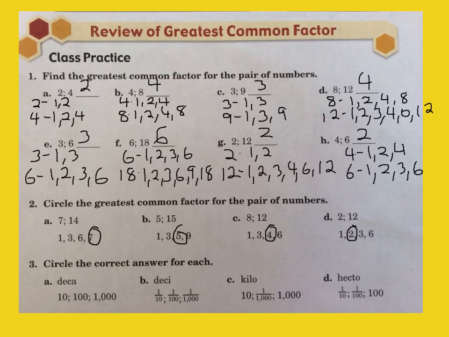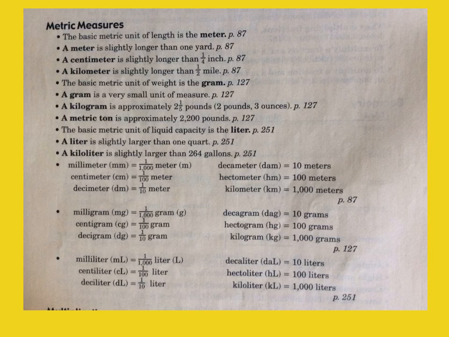Okay, now we're going to look at number 3. It says to circle the correct answer for each. What they've given us is the metric prefix. We have deca, deci, kilo, hecto. And we have to decide, for each of those, which number below it matches its value. If you look in the back of your book, under your metric measures, you're going to see the value for each one.